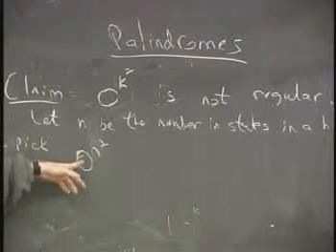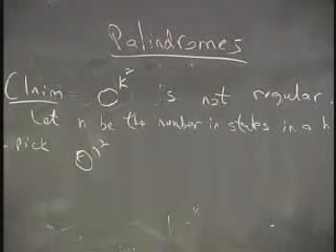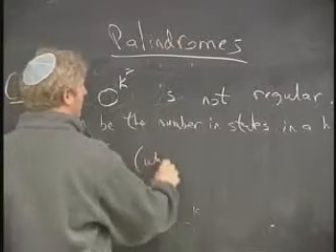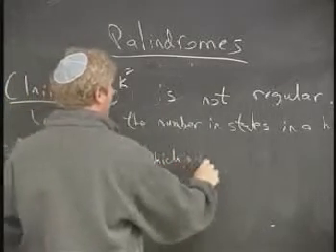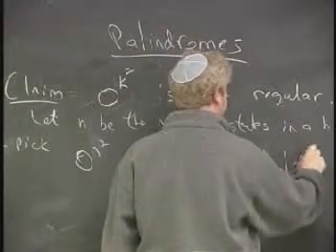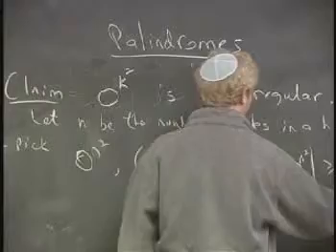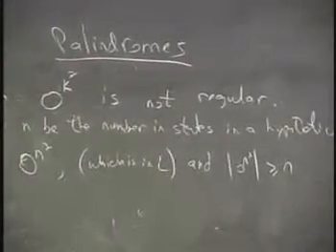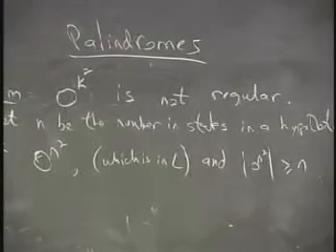We're going to note that this is definitely in the language. We have to pick a string in the language. We want it to end up in a final state. 0 to the n squared is in the language, and it's bigger than n symbols. It's got n squared symbols. It's a lot bigger than n symbols. Okay, that we have to make sure about.